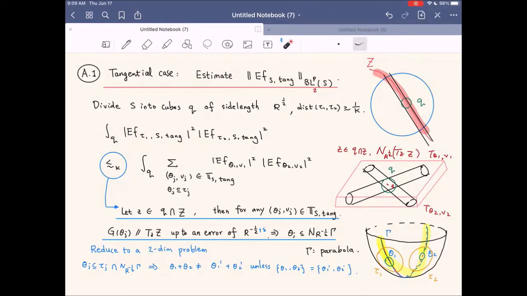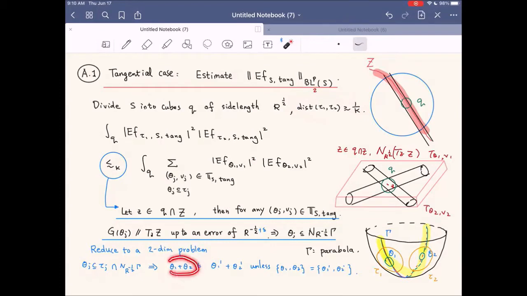Now we have the Cordoba argument, saying that for any theta j in tau j, where j equals 1 and 2, and the distance between tau 1 and tau 2 is larger than 1/K, which is a constant compared to r, then theta 1 plus theta 2 will not be equal.